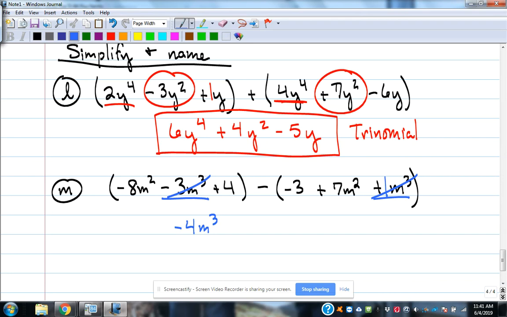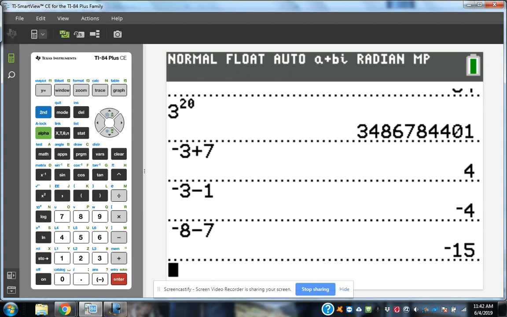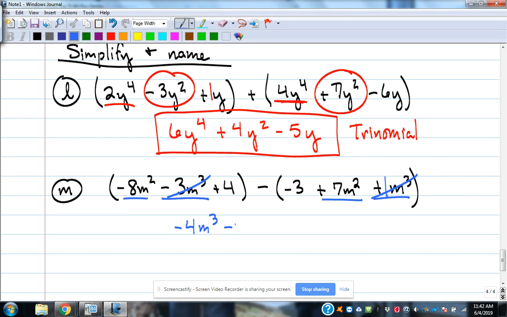Then I'm going to go down my exponent trail here. The next piece should be the m squareds. So I have a negative 8m squared, and it goes with the positive 7m squared. So negative 8 minus 7 would be negative 15m squared.